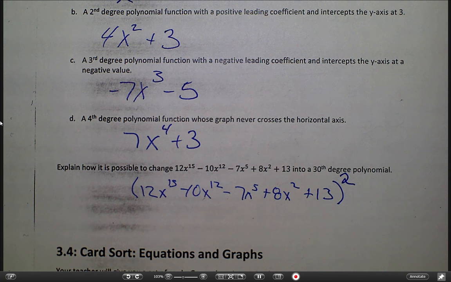X to the sixth. X to the seventh. Odds will actually start down and go up, where a positive even will always end up. It gets tighter. It goes up faster.